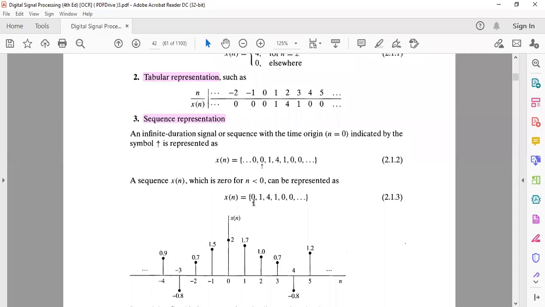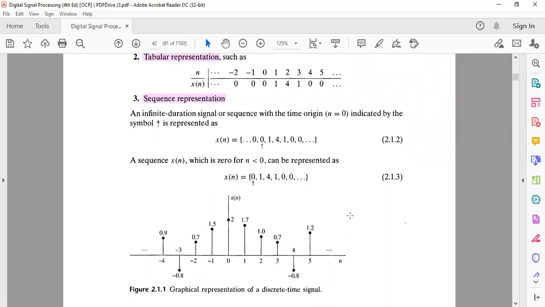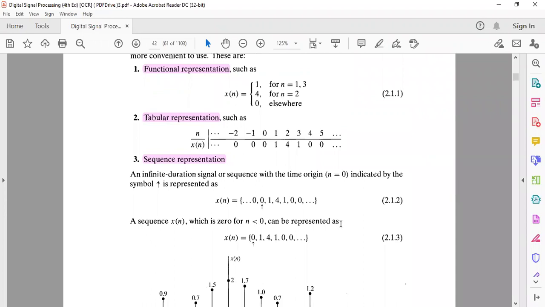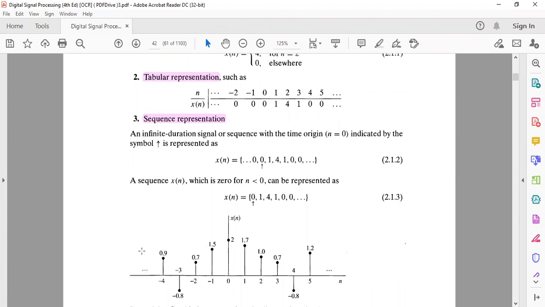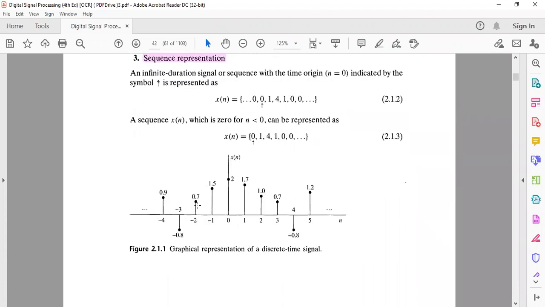Okay, when all the values below 0 are 0, it can be written as this. You have 0 at n equal to 0, n equal to 1, n equal to 2, n equal to 3, and then 0 otherwise. So this is the way you can represent your discrete signal. Okay, we are saying that these values come from an analog signal which has been sampled to give us these values.